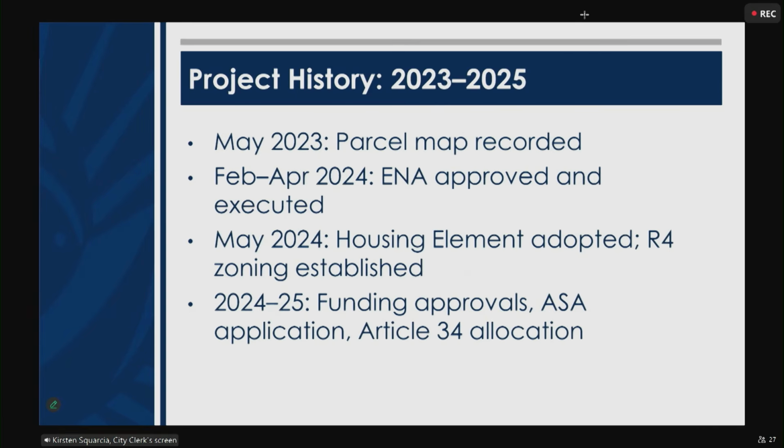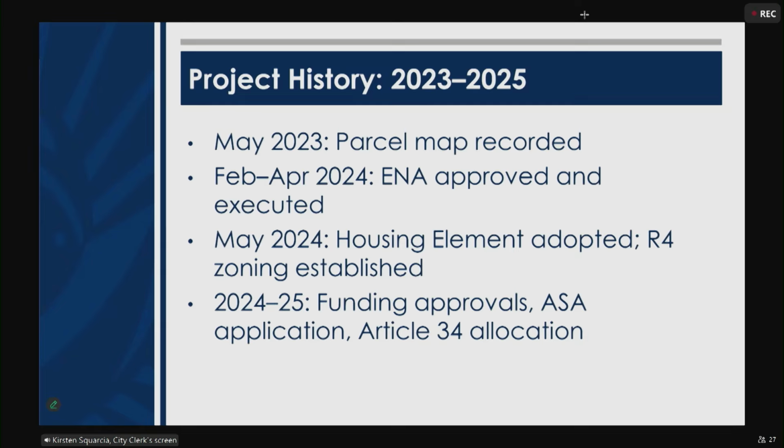By May 2023, the parcel map was recorded. Between February and April of 2024, the exclusive negotiation agreement between Charities Housing and their group was approved and executed. And later that year, the housing element was adopted by the city, establishing an R4 high density zone for this parcel.